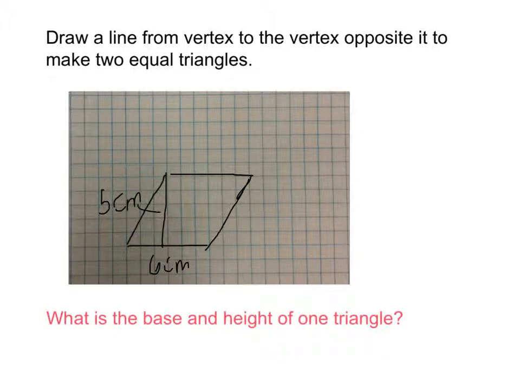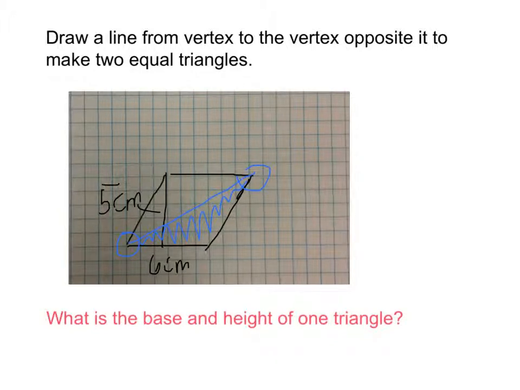I want you to draw a line from this vertex down here to the opposite vertex here. Draw a straight line connecting those 2 vertexes. And I want you to color in lightly with your pencil that bottom half of it.